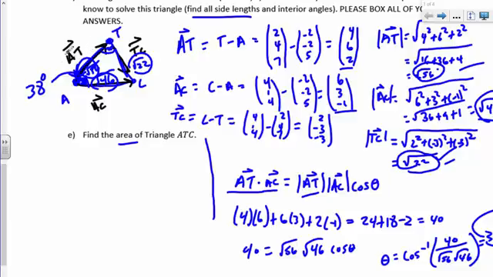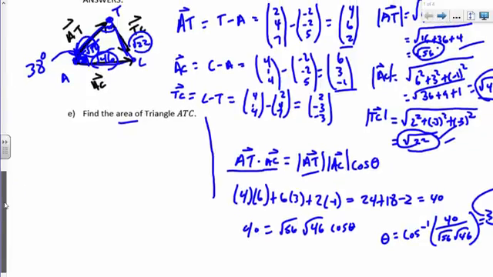So I need to go the opposite direction with AT. So all I really have to do is flip all the signs of AT, and then we can do another dot product. Okay, so this will give me the vector TA, which is the same thing as AT with all the signs flipped. So I need to do the vector TA dot product with the vector TC, which I already have, and then the magnitudes again of TA times TC, magnitudes times cosine of theta.